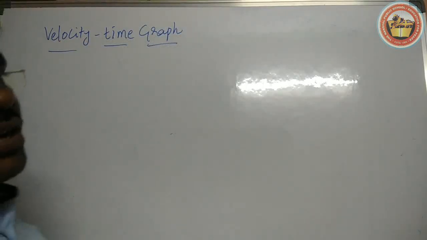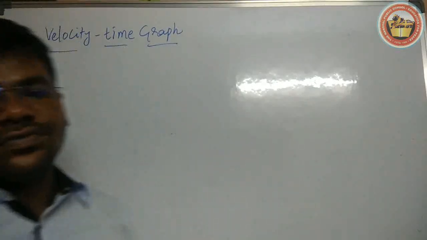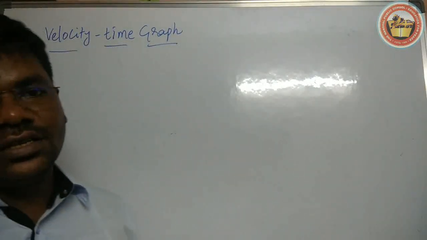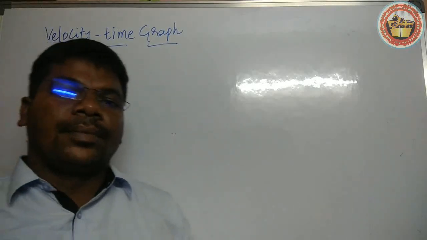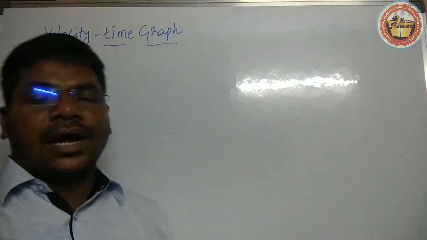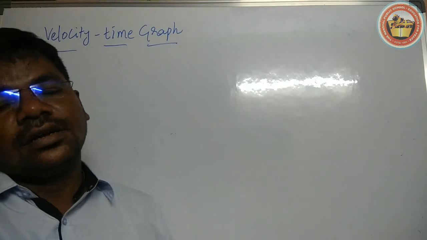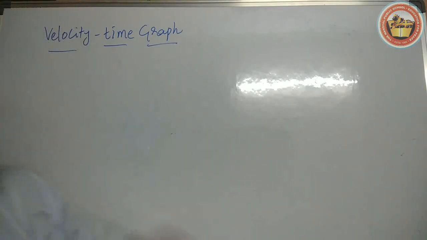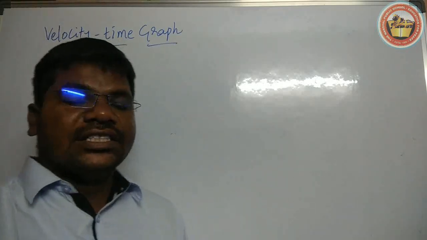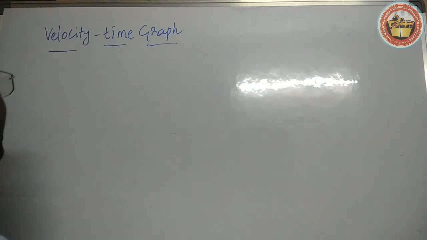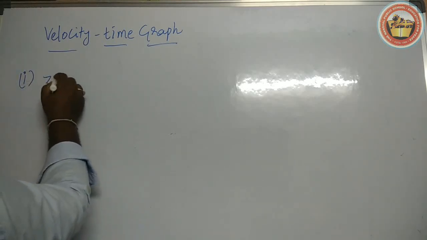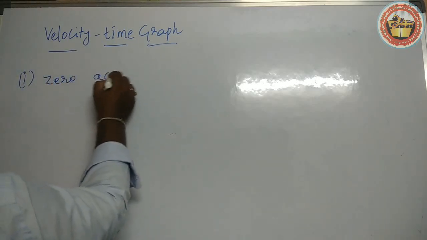See here, what is a graph? A graph is the pictorial representation of a particle or object's particular parameters. Coming to the velocity time graph, the first one is zero acceleration. First condition is zero acceleration.